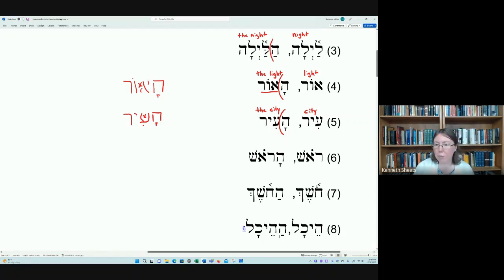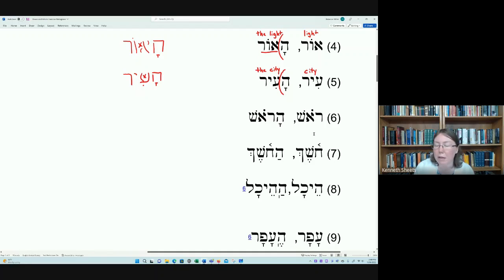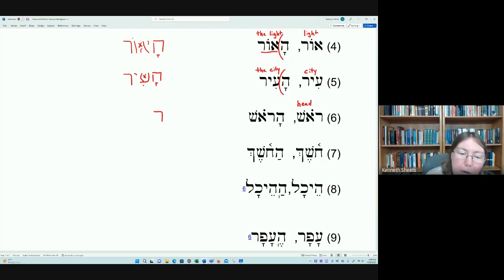Then next, we come on down to this form here, rosh. So rosh, this is the idea of head. But if I wanted to say the head, I would again add the article to it. So the word rosh, and then I add the article to it, hey with the pathak followed by a dagesh forte.